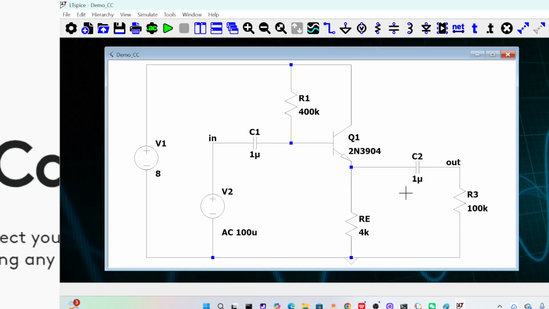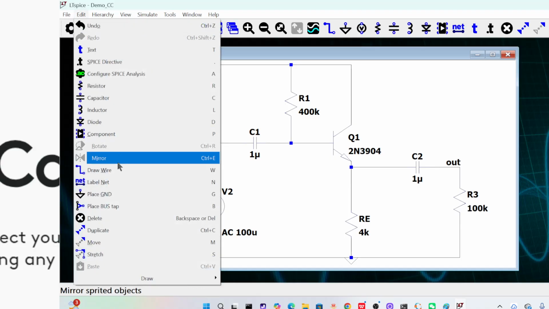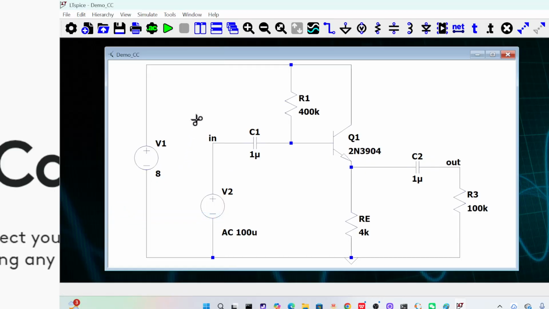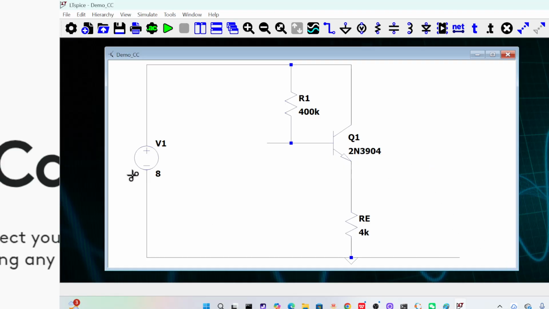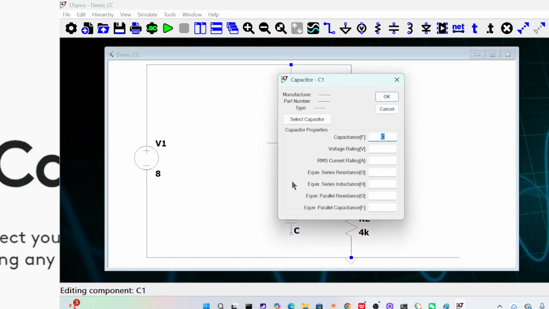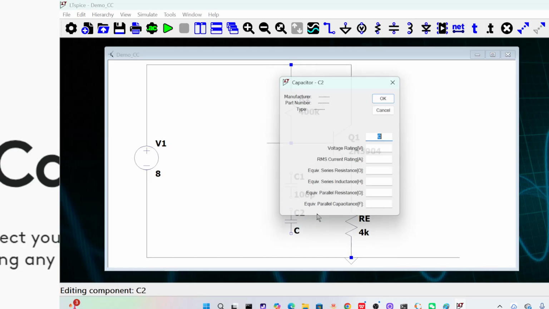Now we don't need output and input there, so we delete it. We delete this as well. And we are going to design a tank circuit. The tank circuit has 2 capacitors. For the time being, we make them equal. We make it 100 pico.